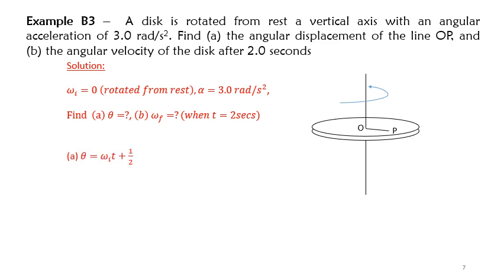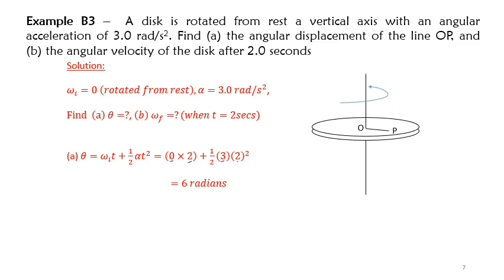That expression is what we use: theta equals omega sub I t, that is the initial angular velocity times time, plus half alpha t squared. Since omega sub I is 0, you have 0. Your t is 2 seconds, and your alpha is 3 radians per second squared. You substitute and compute, and you have theta to be 6 radians.